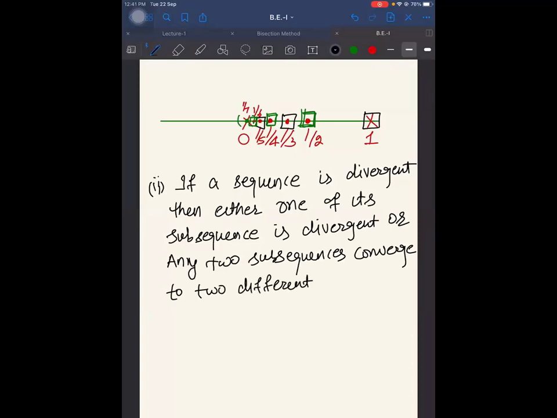Two different limits. Now let's understand why it is happening.